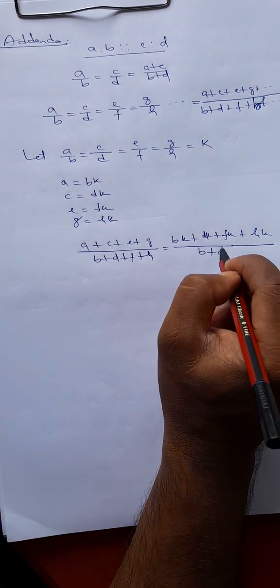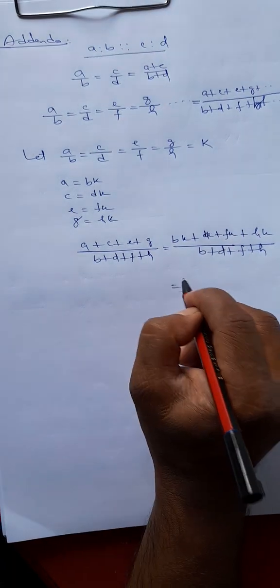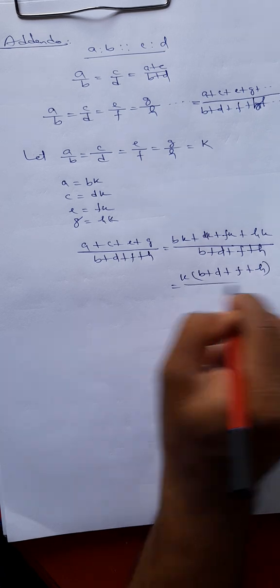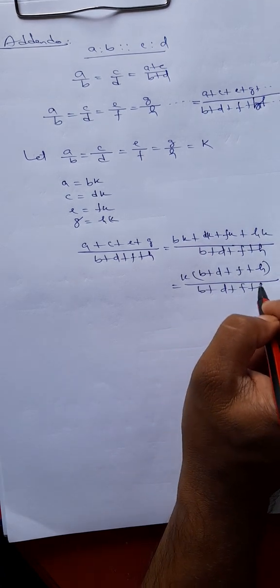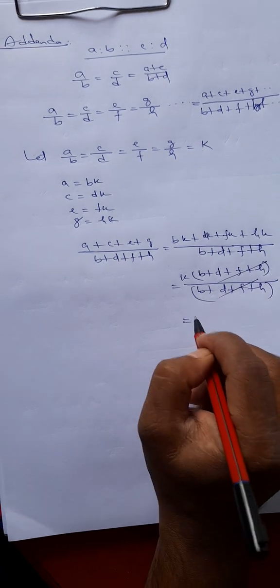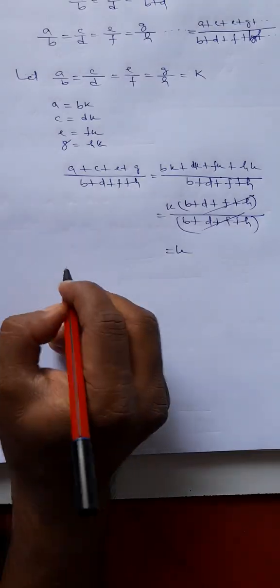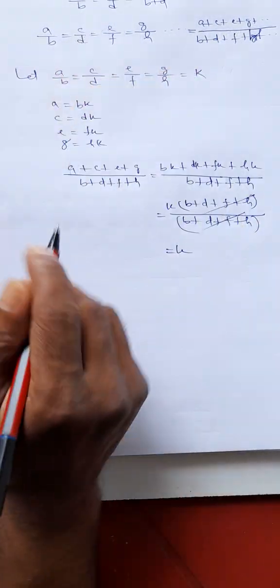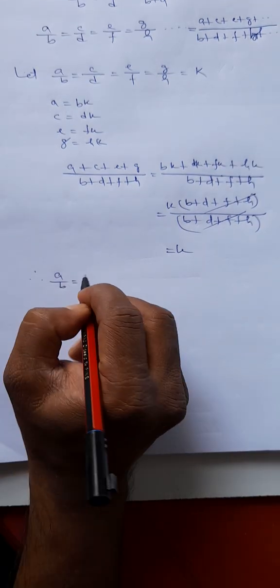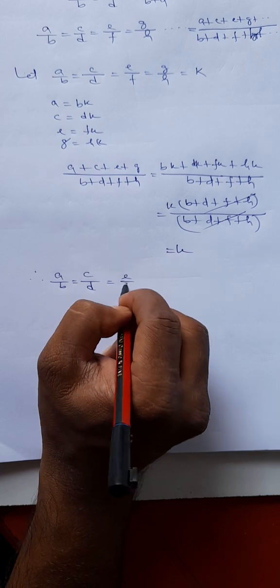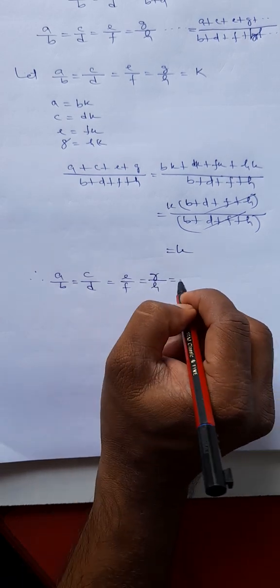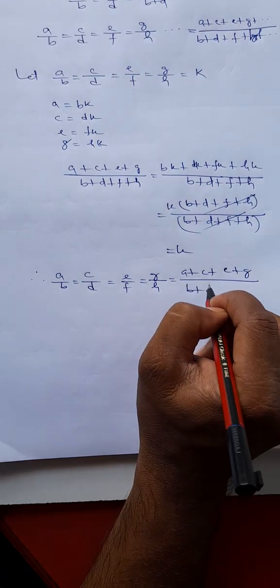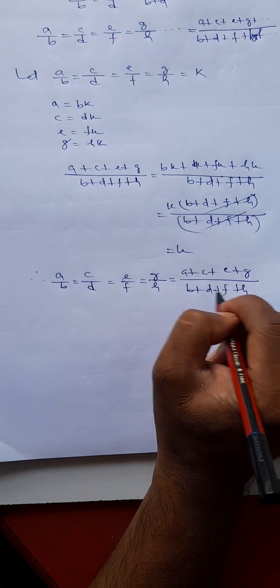Now divided by B plus D plus F plus H. You can take K common here, K times (B plus D plus F plus H) divided by B plus D plus F plus H. These two cancel each other, answer is K. That means this ratio is also K, and these individual ratios we compared with K. Therefore A by B equal to C by D equal to E by F equal to G by H equal to (A plus C plus E plus G) divided by (B plus D plus F plus H), right?